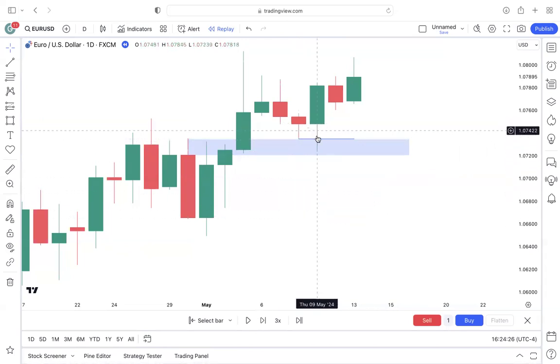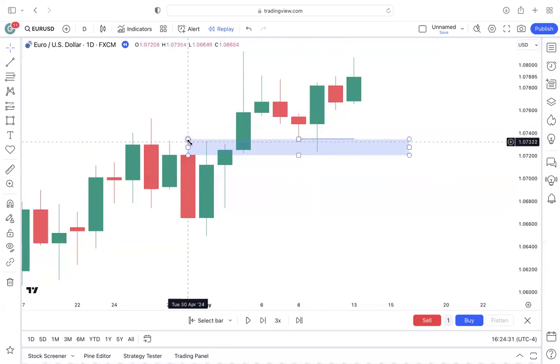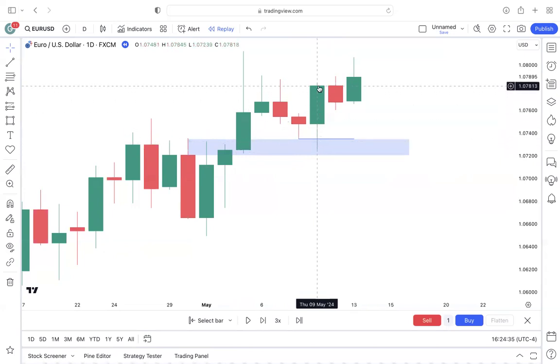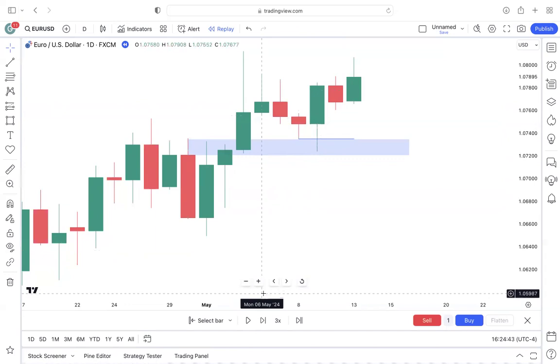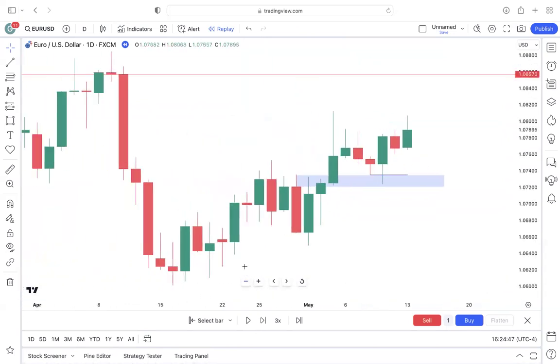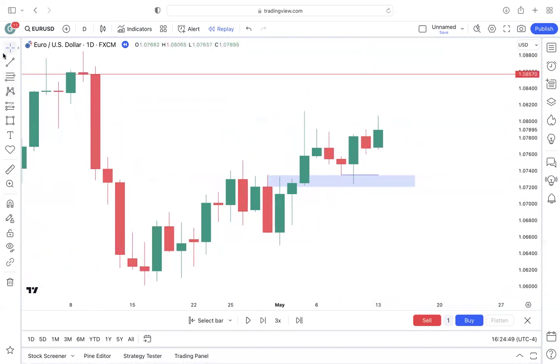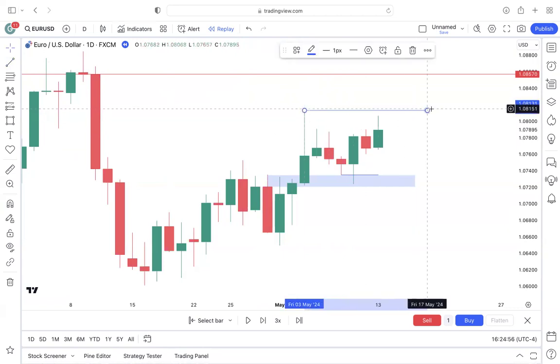The next day opens, they turtle soup that low, trade into the daily bullish order block, and then they displace higher. And they close the day strong bulls. When that happens, that is what I mean by physically respecting bullish PD arrays right there. So your next near-term target should automatically be this candle's wick high.